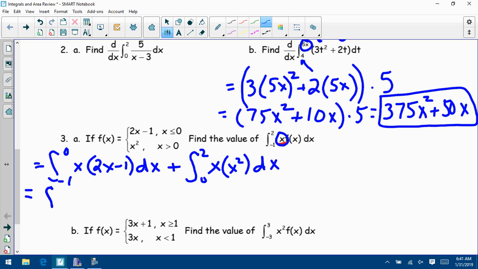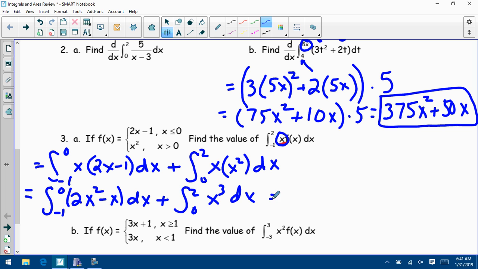So I'm going to have to find this integral, -1 to 0 of 2x squared minus x dx, plus this integral, 0 to 2 of x cubed dx. And I'll let you do that, but watch the setup with the piecewise function, and also watch out if there's anything inside here.